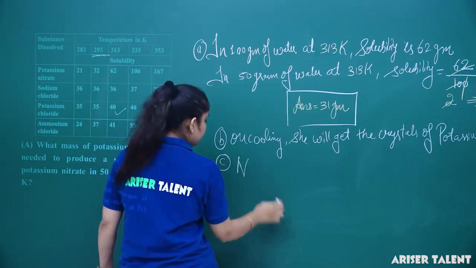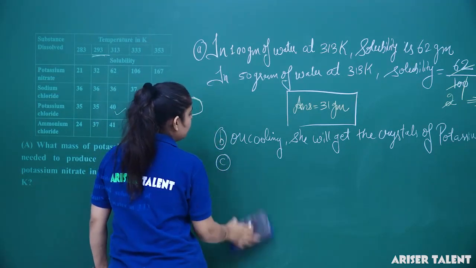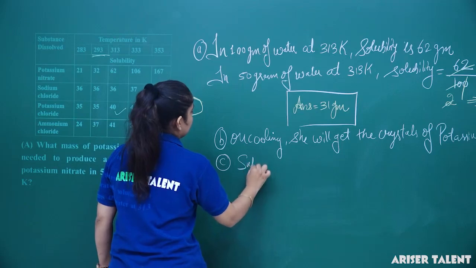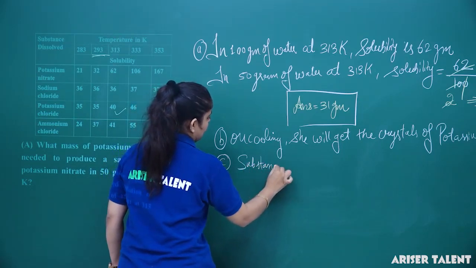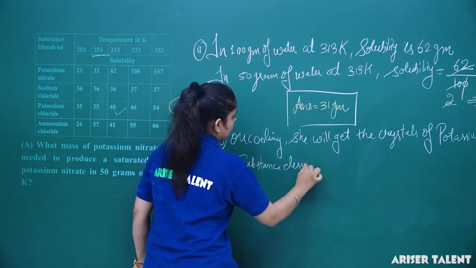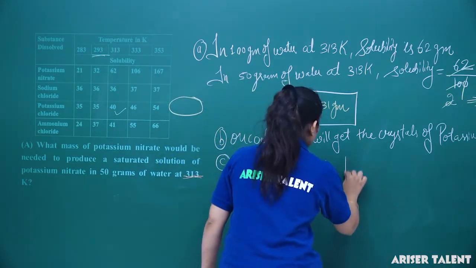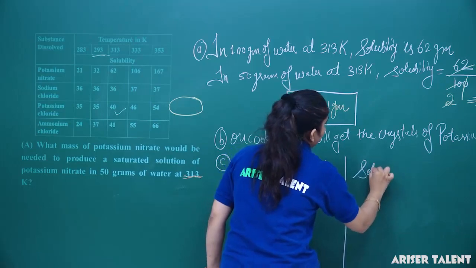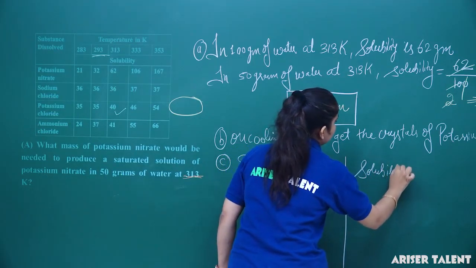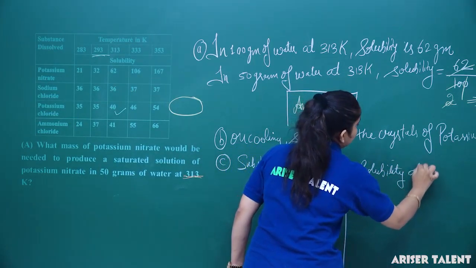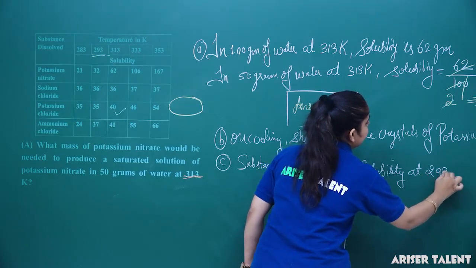Here we will write the substance dissolved, and here you have to write the solubility in grams at 293 Kelvin.